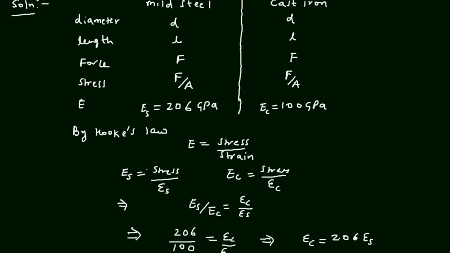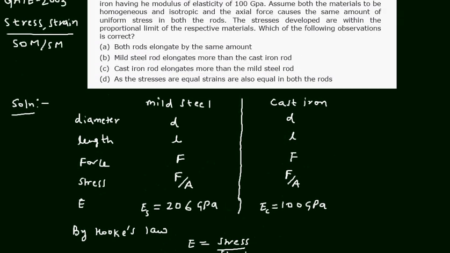We can see option C is correct. Here option C, it means cast iron rod elongates more compared to mild steel rod. Hence option C is correct.